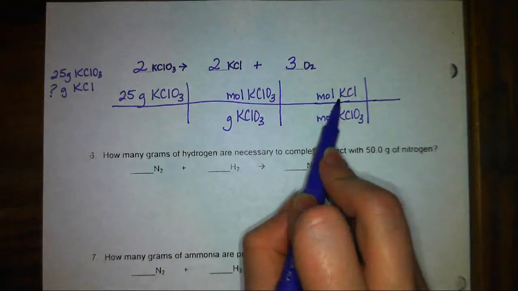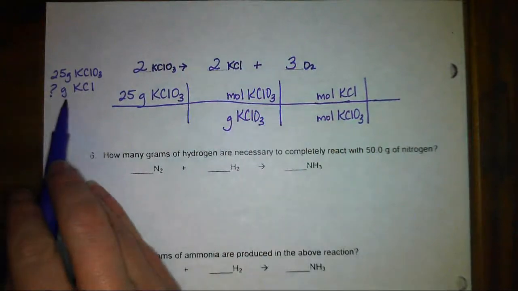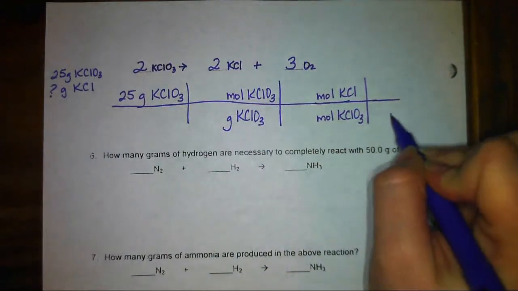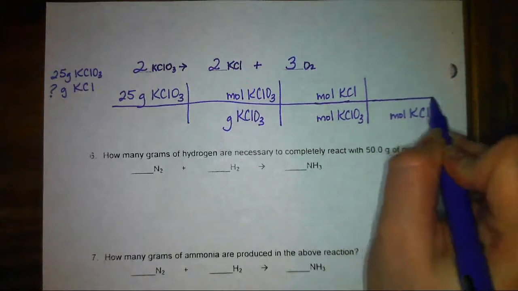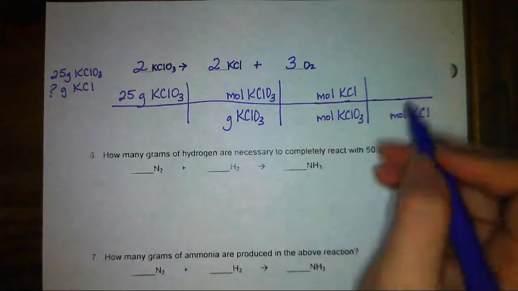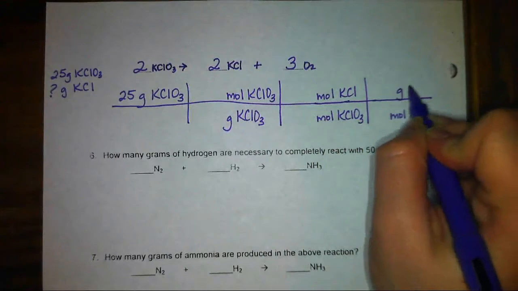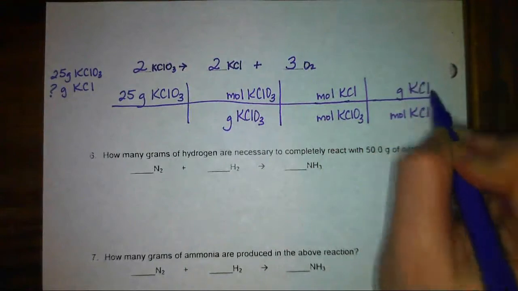I'm at moles of potassium chloride, but that is not what I'm looking for. So on this problem, I need to extend it just one more step to go from moles of potassium chloride to grams of potassium chloride. So once again, put moles of potassium chloride on the bottom, because that will eventually cancel.